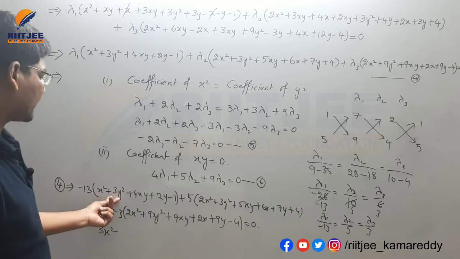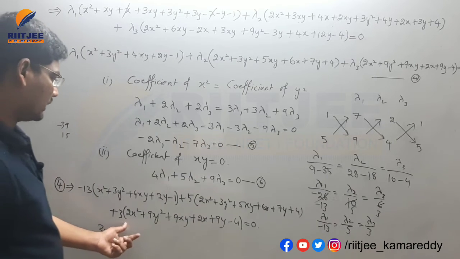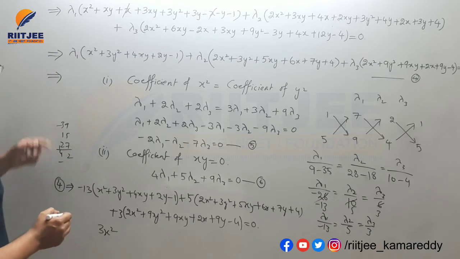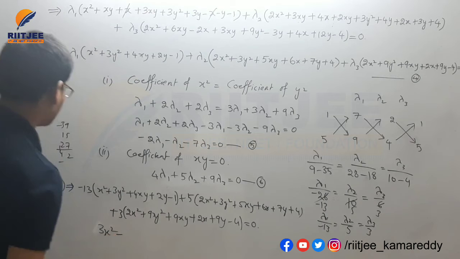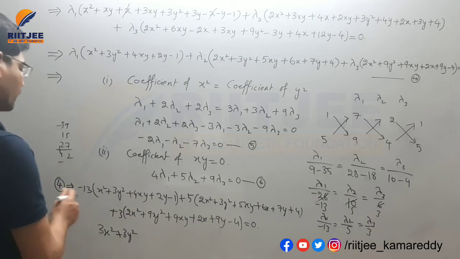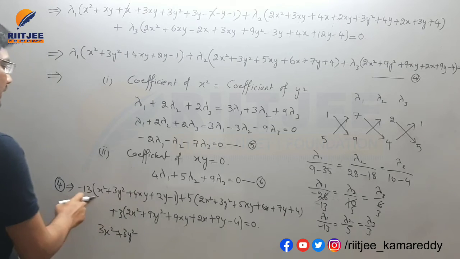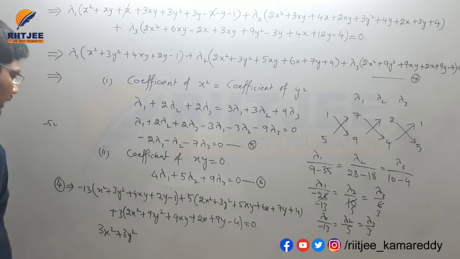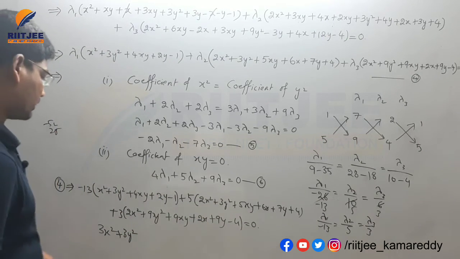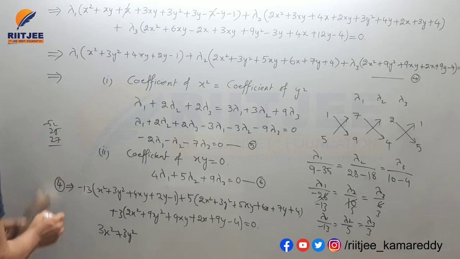Similarly for the y square terms, and 13 times 4 is 52, next 5 times 5 is 25, 9 times 3 is 27, 52, both are matched here.